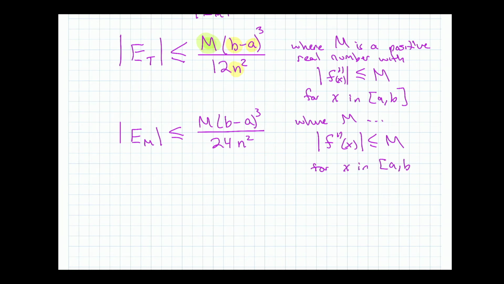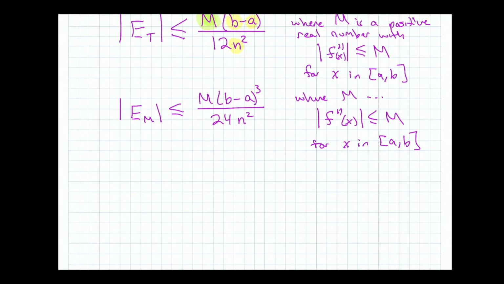It's the same m. So what that's telling you is that on average the midpoint rule has a tighter bound. There's a 24 in the denominator, so the error is twice as small because 24 is twice as big as 12. So the midpoint rule must actually be better than the trapezoidal rule a little bit, on average.